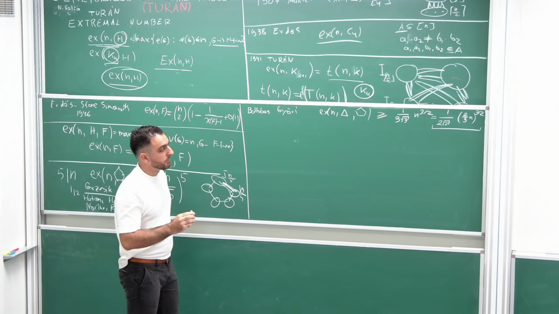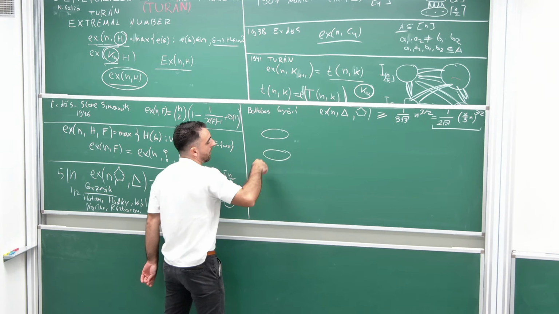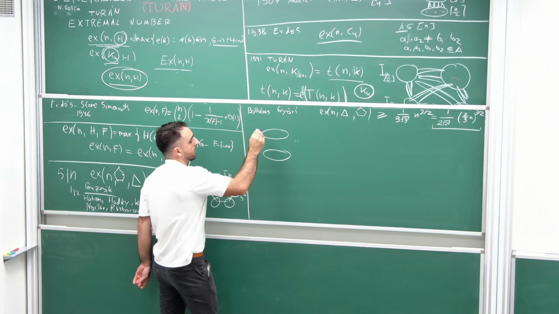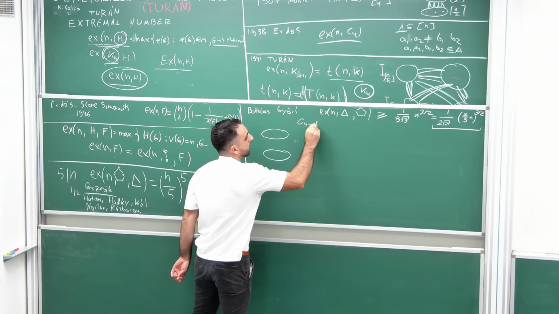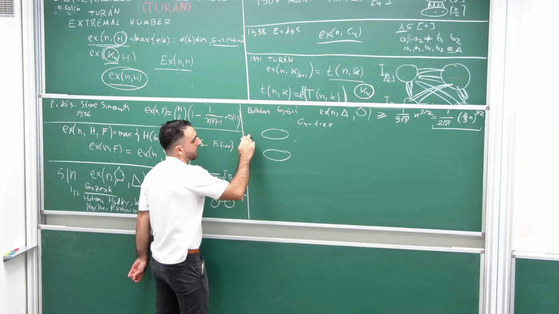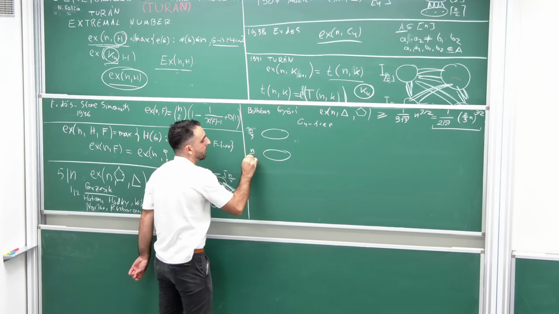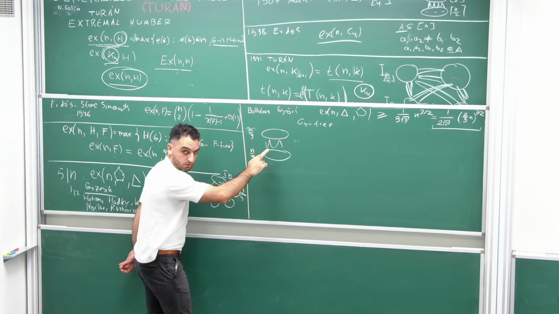So last week we have seen that if we take a bipartite graph C4-free, then there is a construction such that the number of vertices here is n over 3 and n over 3 and some edges, not complete.